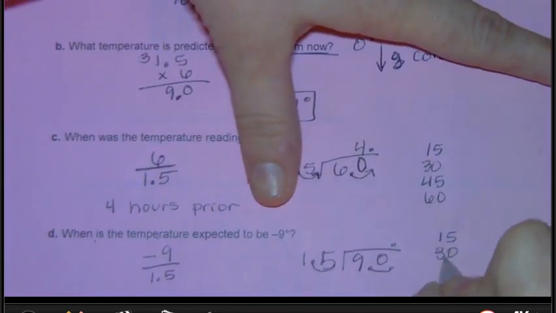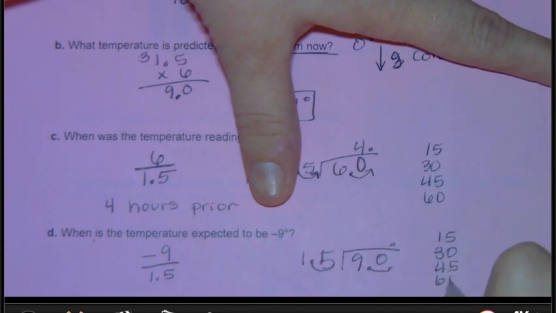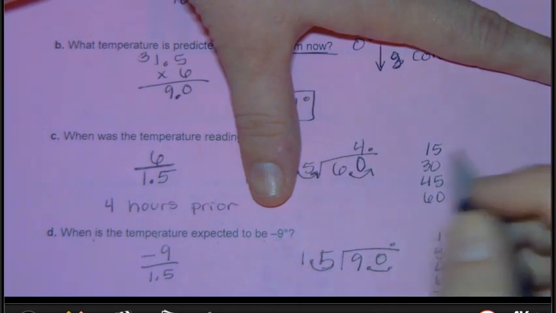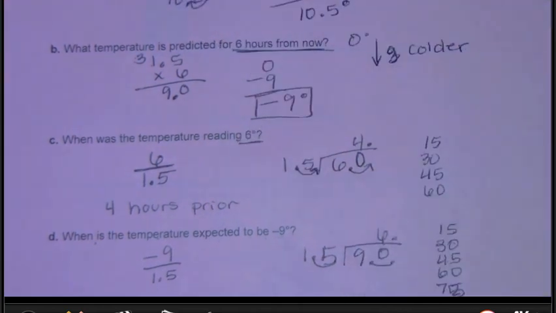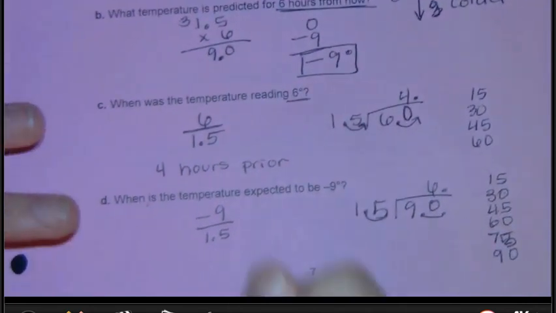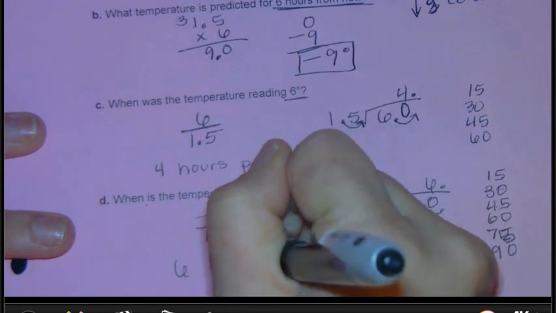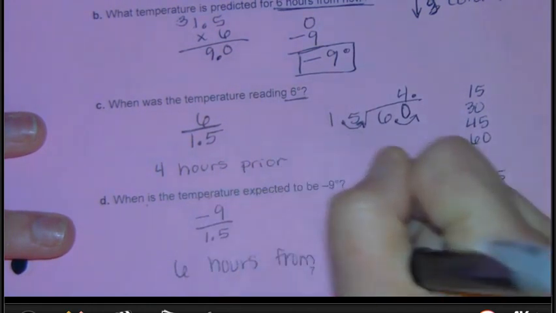So 15, 30, 45, 60, 75, and then that should be 90. So 1, 2, 3, 4, 5, 6 would get me 90. And then for it to be negative 9 would be 6 hours from now.